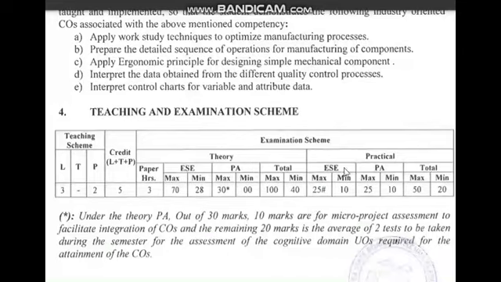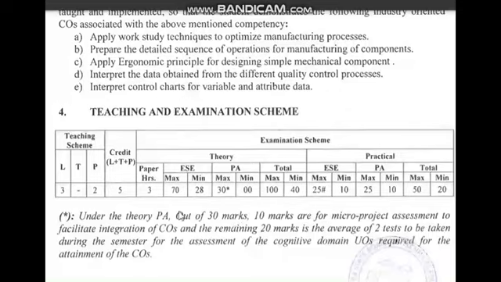Okay, then the practical component, we have end semester exam of 25 marks, and a minimum 10 marks you should get. And in the progressive assessment, that is for the manual that you fill and submit, you will have 25 marks totally. So for practical you are having 50 marks.